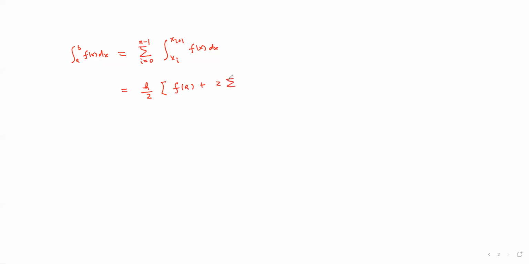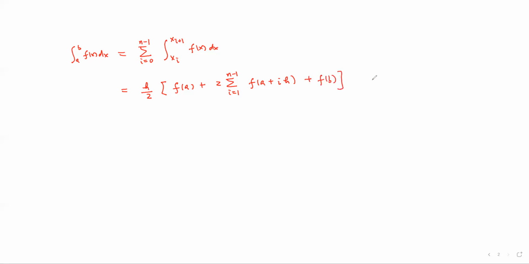2 times the summation i from 1 to n minus 1 of f(a plus i h), where a plus i times h is xi, then plus f of b.